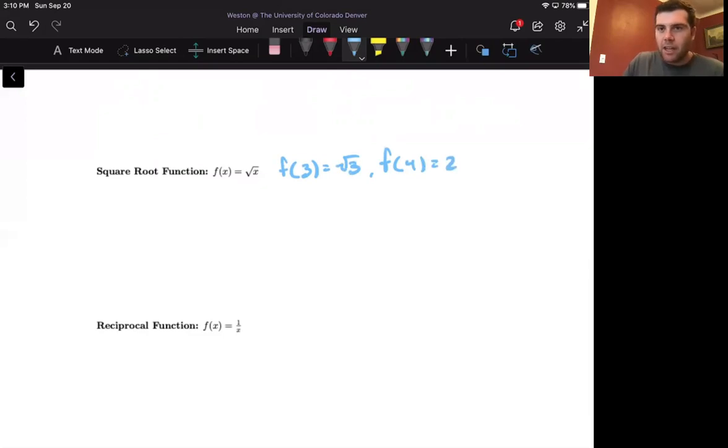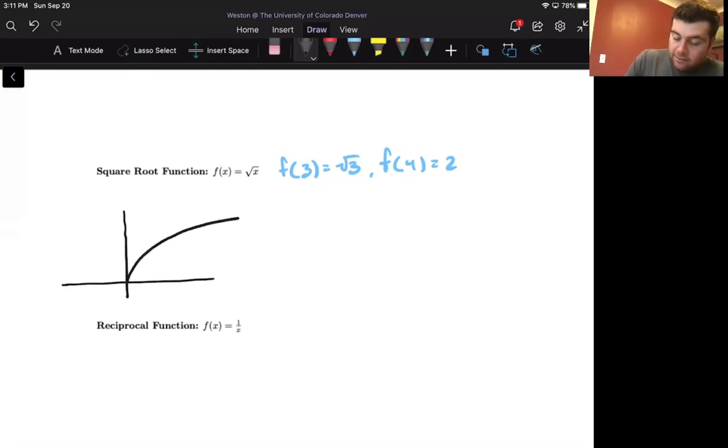That's what's going to make it a function. Think about what would go wrong if we could have the positive or negative value come out. And so if we draw a graph, it looks something like this. And we can also find that by just plotting points.